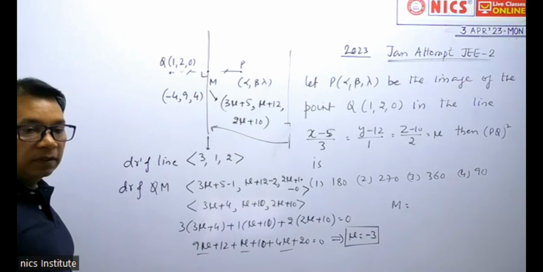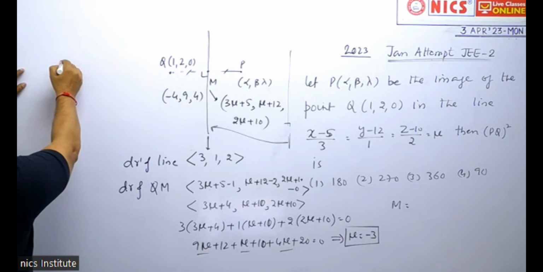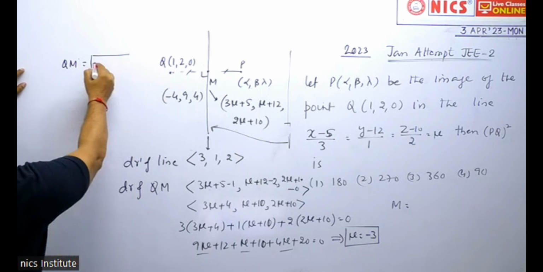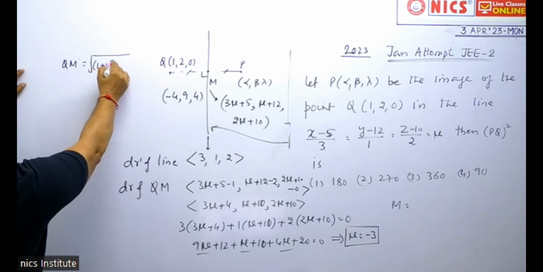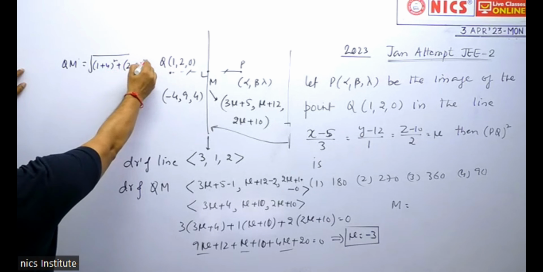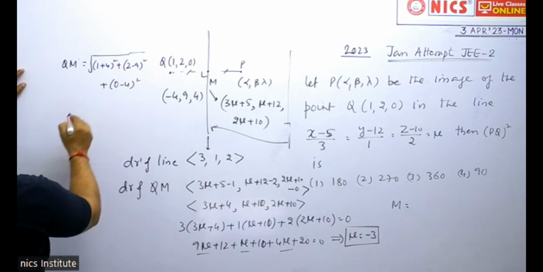Is it M or not? Yes. So you can easily find distance QM. Distance QM would be the square root of (1 minus minus 4) whole squared, plus (2 minus 9) whole squared, plus (0 minus 4) whole squared.